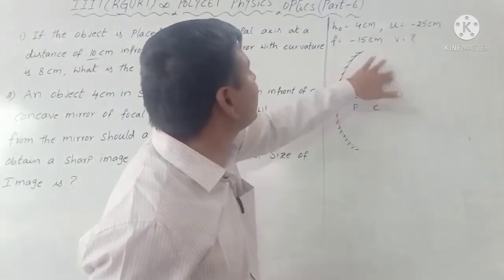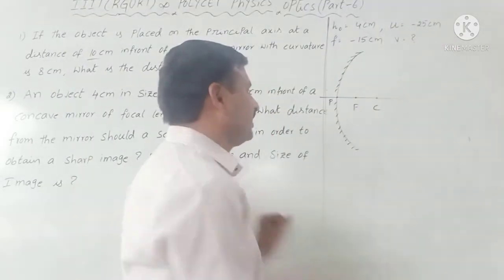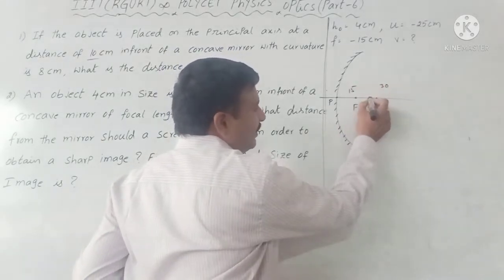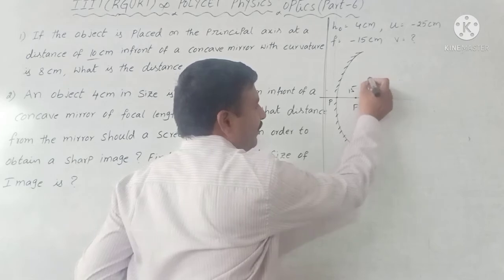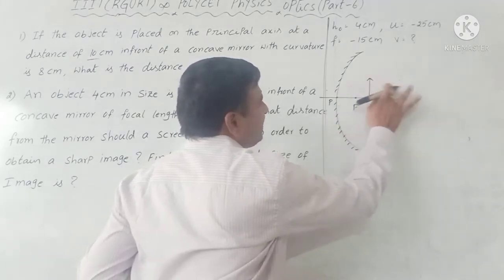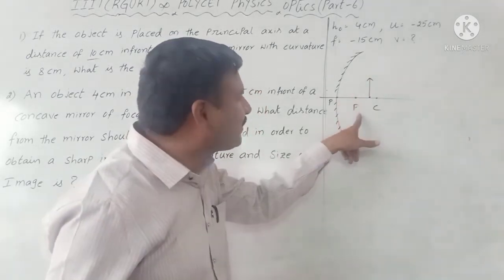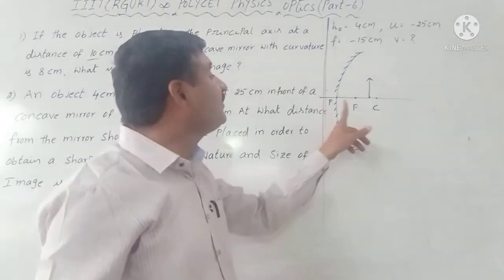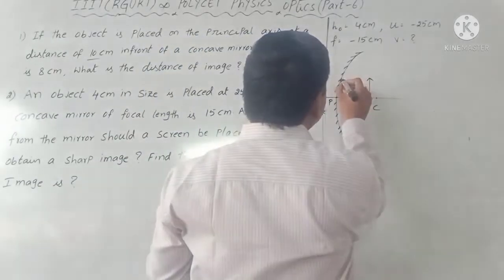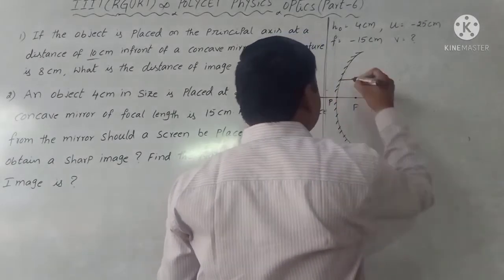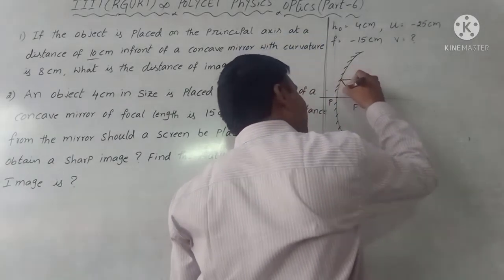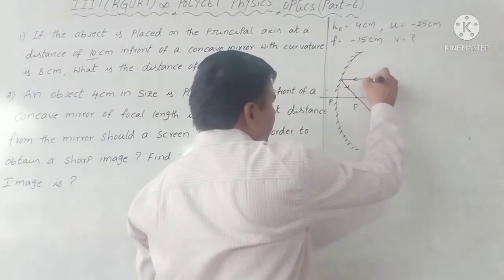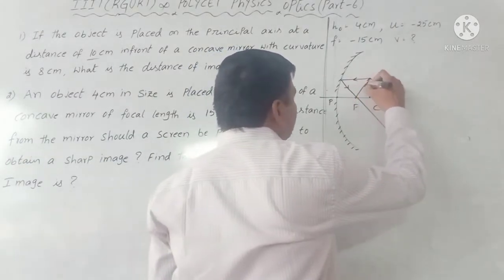So the object is at 25 centimeter. This one is 15 and this one is 30. Where is 25? Here. That means the object is placed between F and C. Then draw the ray diagram. A ray passing parallel to the principal axis, after reflection passes through the focus.